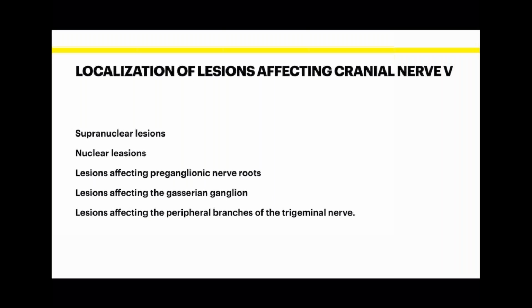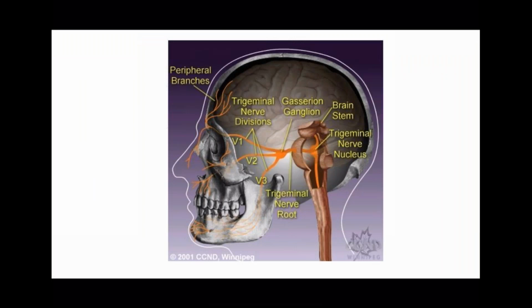It is very extensive, so I picked a few examples for each lesion which I found interesting. This is just a reminder: either in the nucleus itself, between the nucleus and the ganglion, and after that, the branches. So just keep the picture in mind and try to locate the lesions.